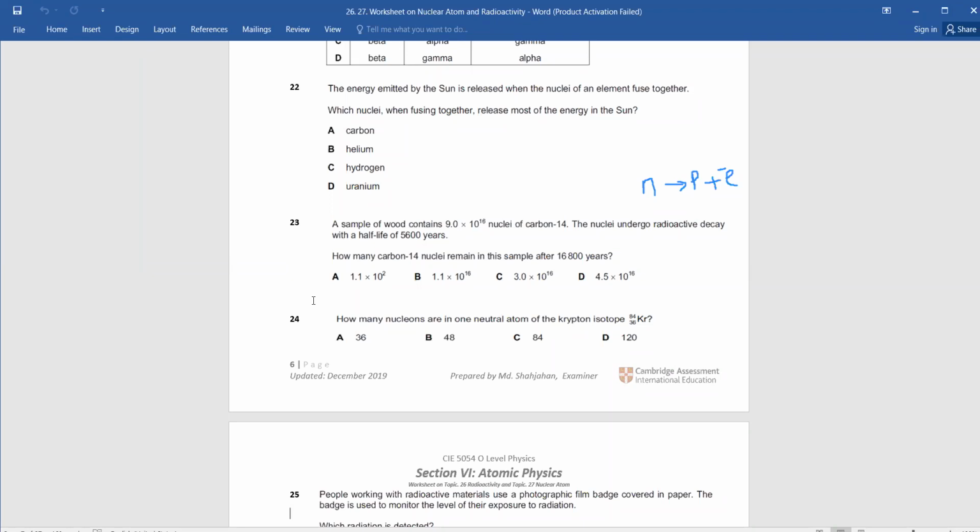First step is finding the half-life. How many half-lives are there? Second step is you will make the given number of nuclei into half 3 times.